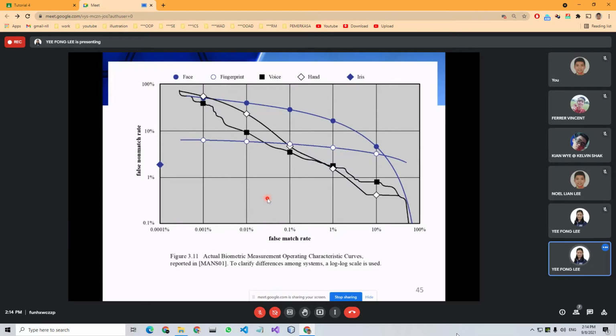For the iris system, you look at this one symbol. For the iris system, no false match. You see here is 100%, this is 0. So the iris system had no false match in about 2 million cross comparisons.